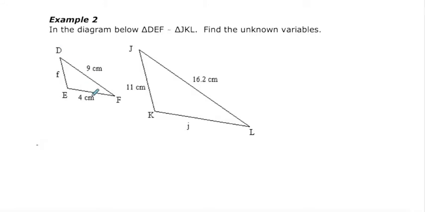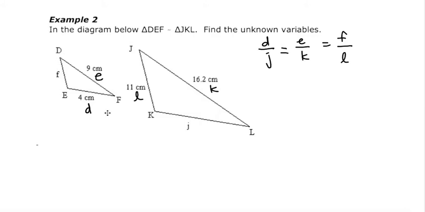So I know that side D has to be in proportion to J, and E has to be in proportion to K, and F has to be in proportion to L, and all of these have to be exactly the same. And I know that because it already tells me that my triangles are similar.